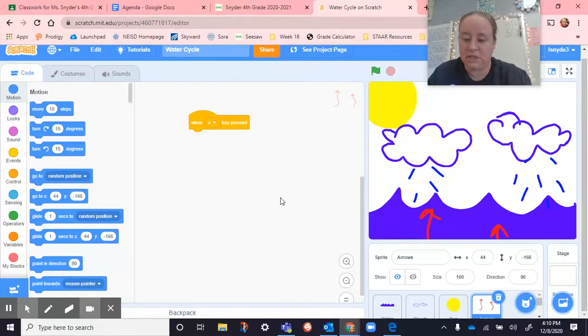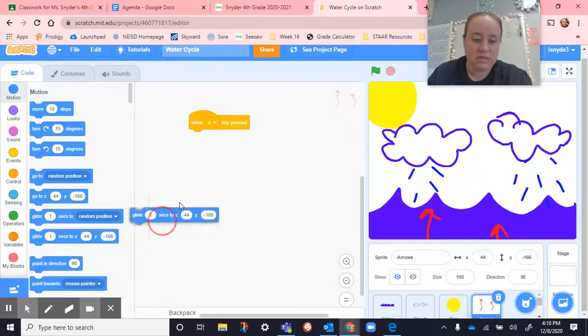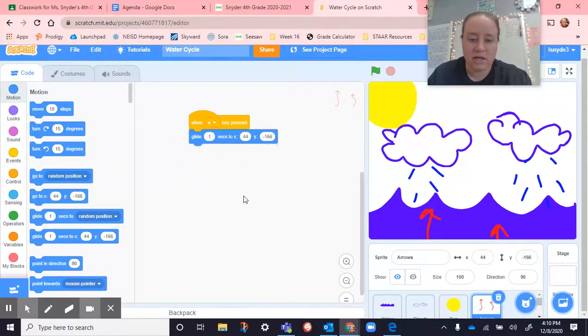evaporation and the condensation. So with my arrows, when the E is pressed, I'm going to have my arrows glide. And so we use this glide here. And I want my arrows, I'm going to click and I'm going to put to where I want them to stop. So I want them to stop right there.